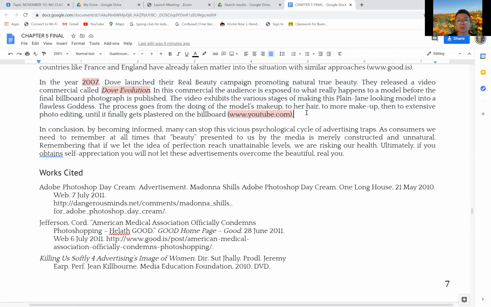And then she tells us where the source is, that she got that source on YouTube. So this is another way to cite material that's lengthy. This video is about 2 minutes long, and she can't do a minute by minute explanation of it. So she summarizes or paraphrases the source, but she still makes sure to cite it properly. It's a YouTube video. It's from Dove Evolution. It was made in 2007.